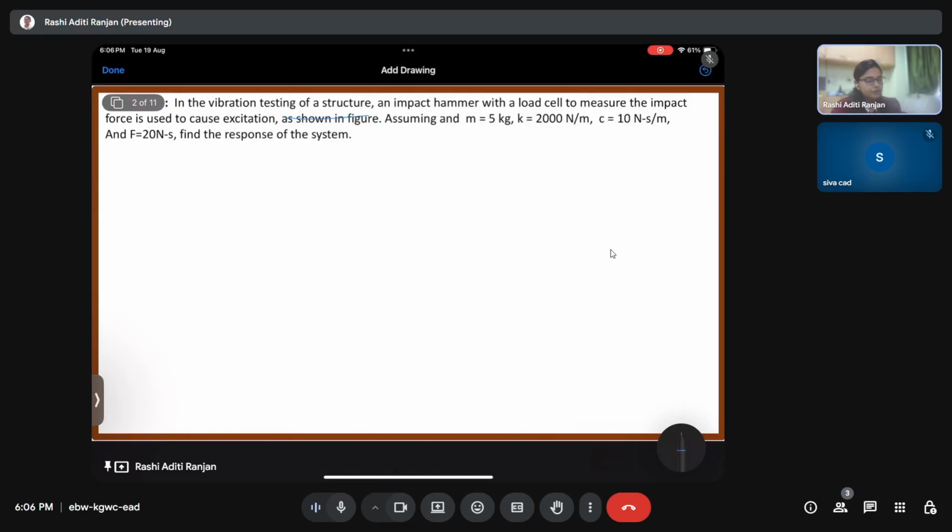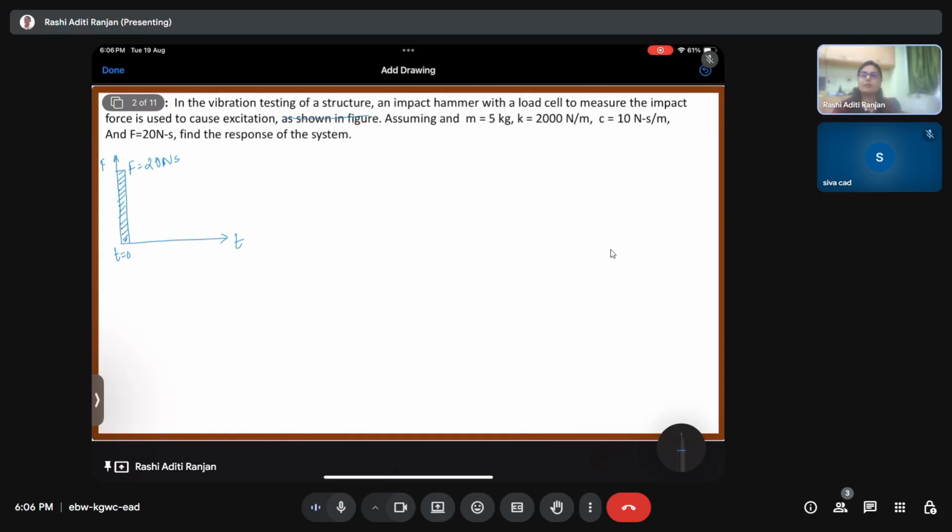Firstly, how is the excitation? This is the time, this is the force, and the excitation happens at t equals 0. This is our excitation, in the form of impact loading, wherein we have this value as 20 Newton second.